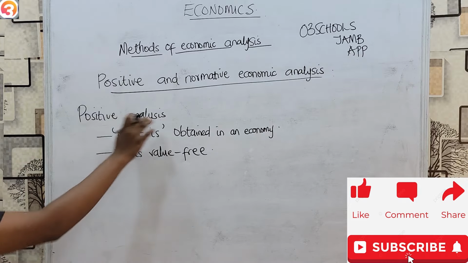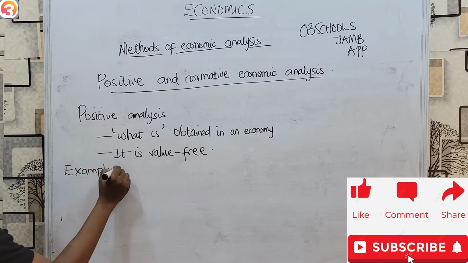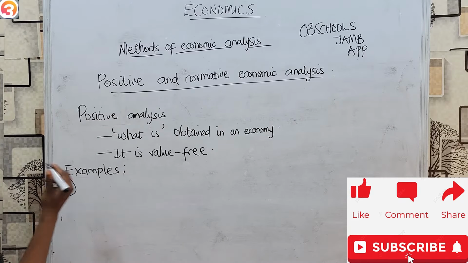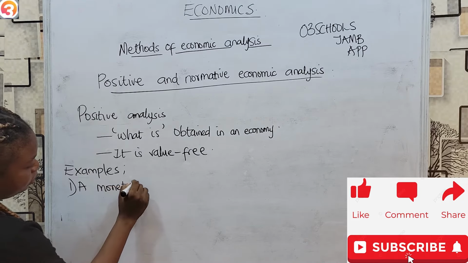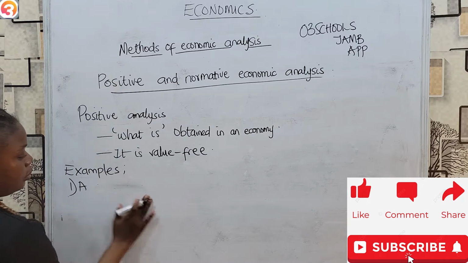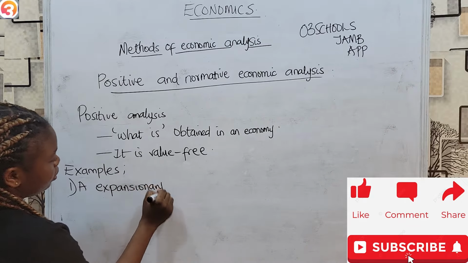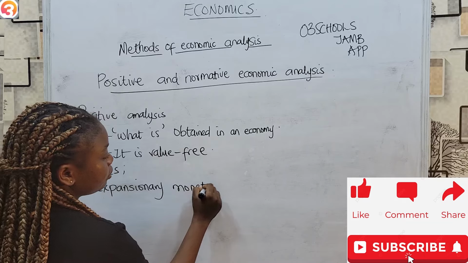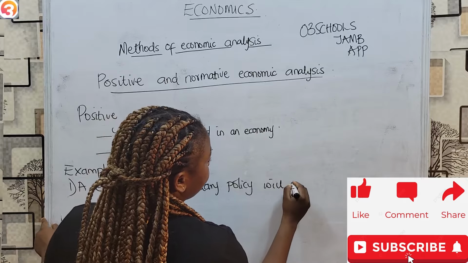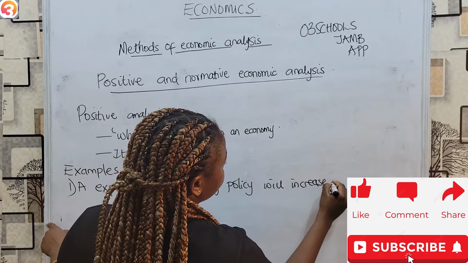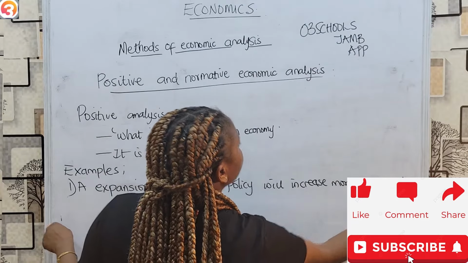For example, when we talk about positive analysis, let's look at some examples. If you have something like an expansionary monetary policy, it will increase money supply in an economy.